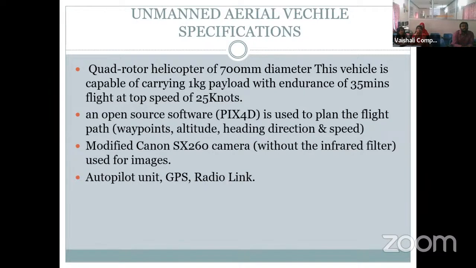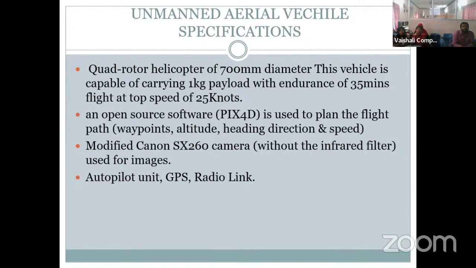For the calculation of NDVI, we are using an unmanned aerial vehicle, and our specification is a quad rotor helicopter of 700 mm diameter, capable of carrying a 1 kg payload, with a flight time of 35 minutes and a top speed of 25 knots.